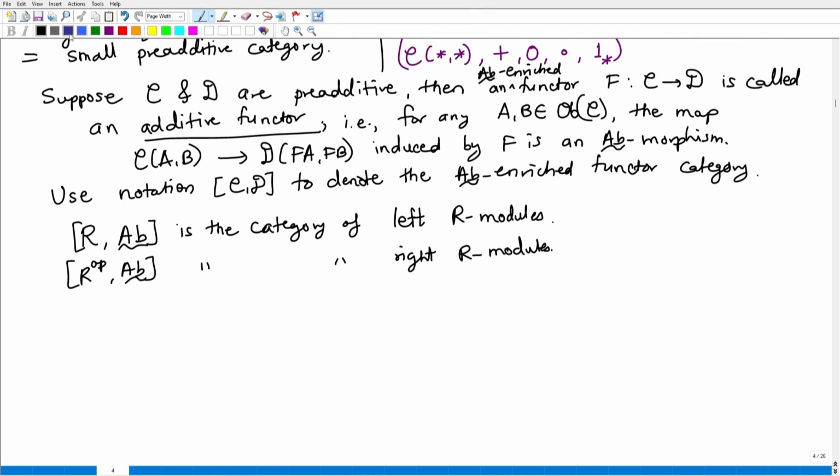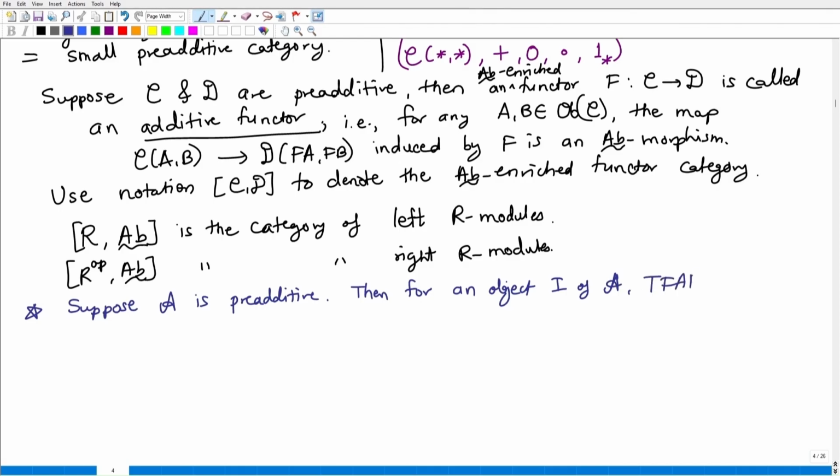So let's start proving some simple results. Suppose A is pre-additive. Now I will change the notation. You can also take pointed here because you will see you don't need a lot of structure. Suppose A is pre-additive, then for an object I of A, TFAE, the following are equivalent.